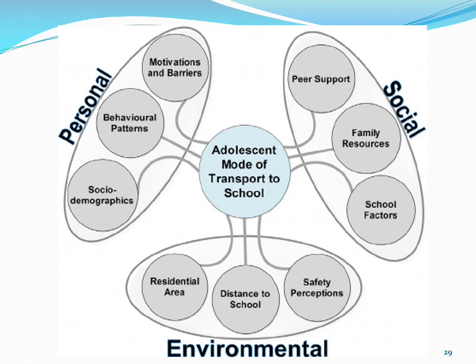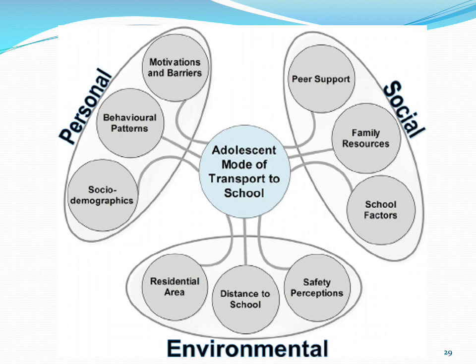For example, how people are getting to school, and all of the different things that may affect the choices that somebody makes in order to get to school. There are their personal aspects, what's in them.